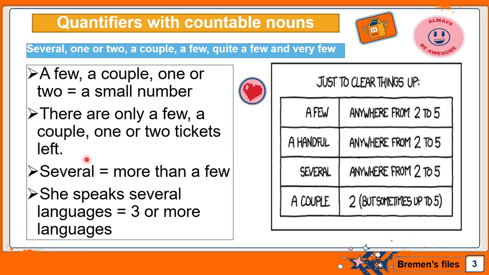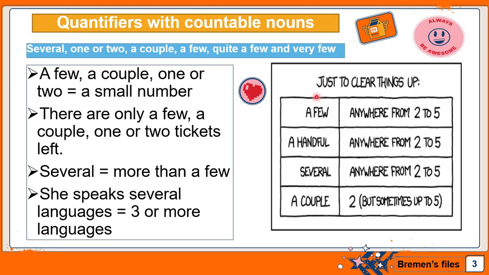The meaning is there is a small number, the tickets left are in very, very limited quantities. The next one, several. Several means more than a few. She speaks several languages. The meaning is 3 or more languages as her ability to speak.